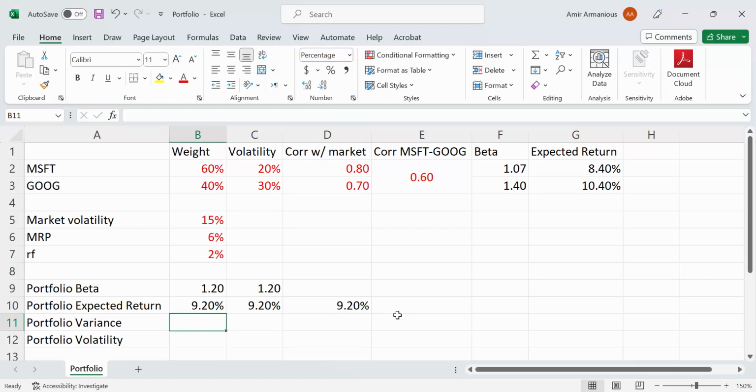Then we need to estimate our portfolio variance. We have a long formula, but it's very easy and just direct substitution.